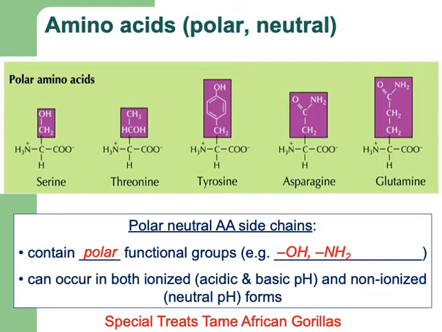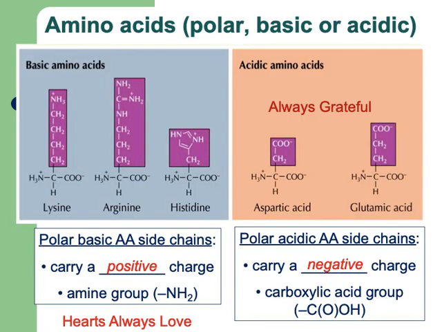You can develop your own mnemonic if that works best. I find the mnemonics really help me remember which amino acids are nonpolar, polar, or neutral. So just as a reminder, amino acids are classified based on 2 things. Its polarity, whether it's polar or nonpolar, and its pH, whether it's neutral, basic, or acidic.